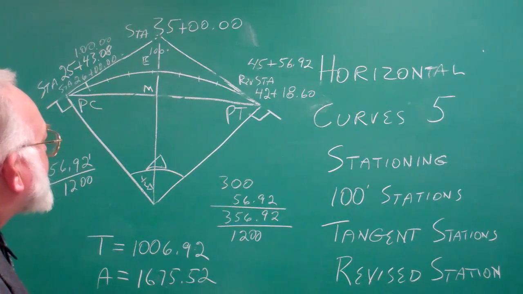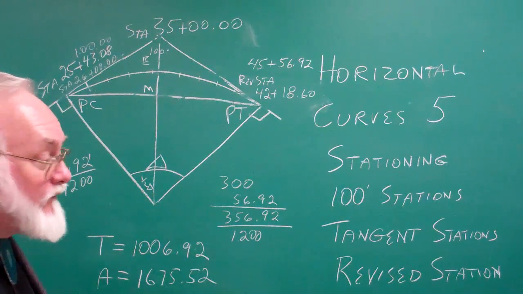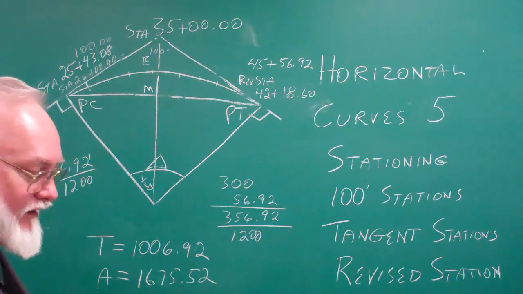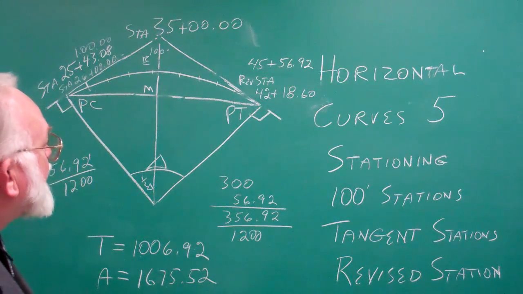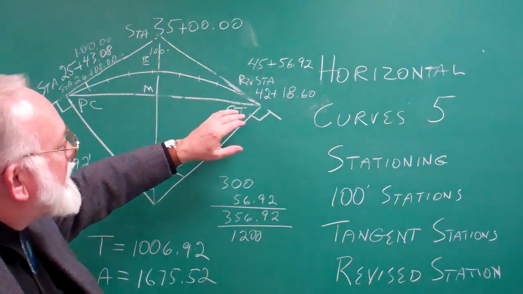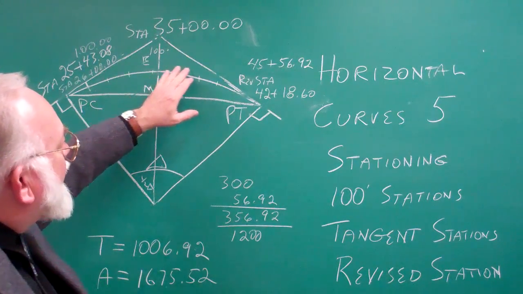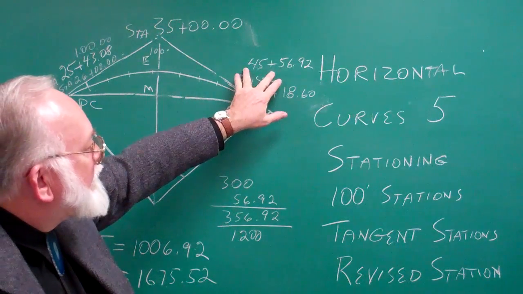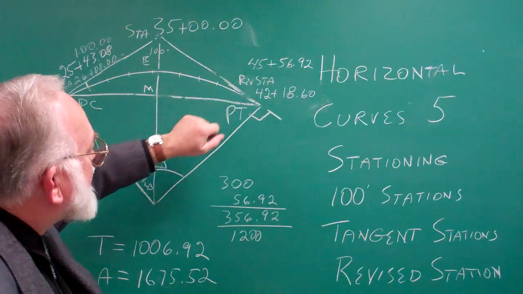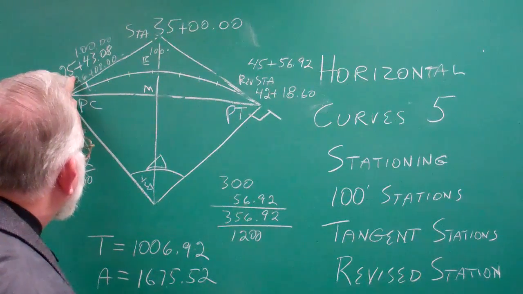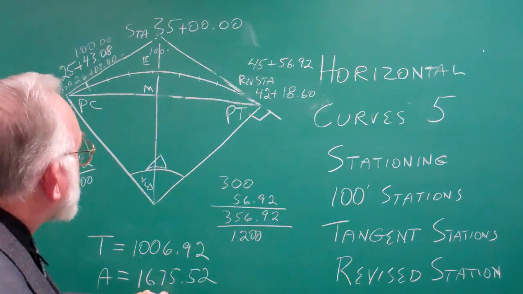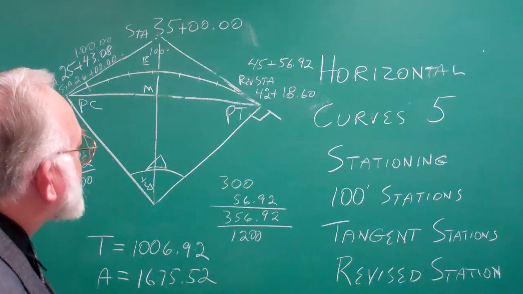Now, the first thing that you're going to do after the radius is established, based on other factors like how fast people are going to be driving on this road, is take the PT stationing based on tangent, add the arc length, and come up with a revised station.